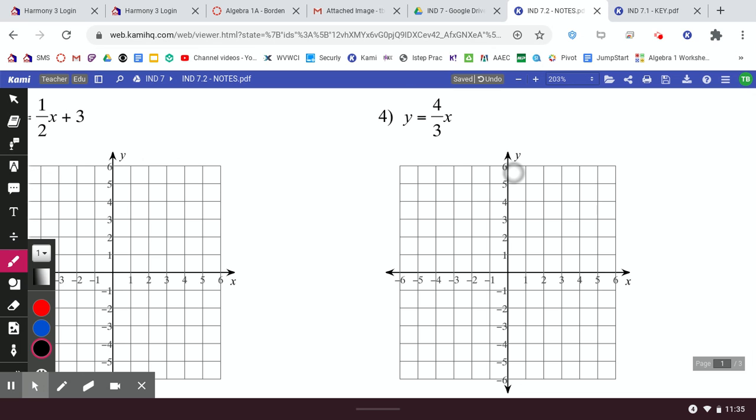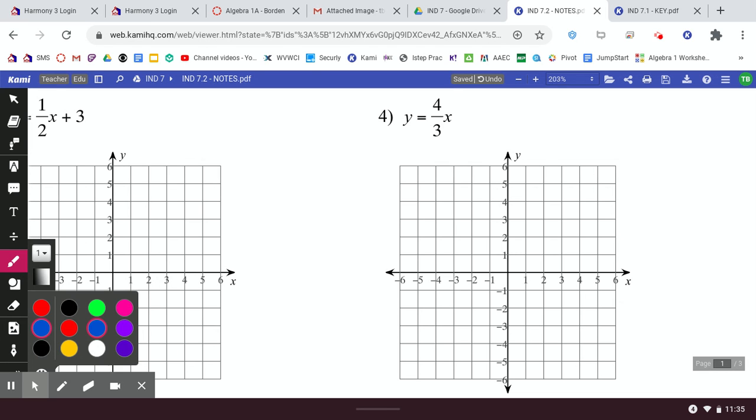I just put it up here because there's still an x and there's still a y, right? So this tells me that it is going to still have a slope. It's going to have a y-intercept. It's going to be a diagonal line. It's not going to be horizontal or vertical because it has an x and a y.